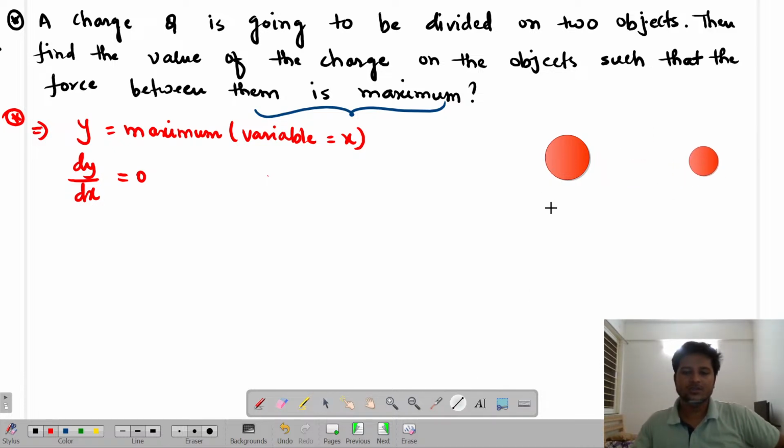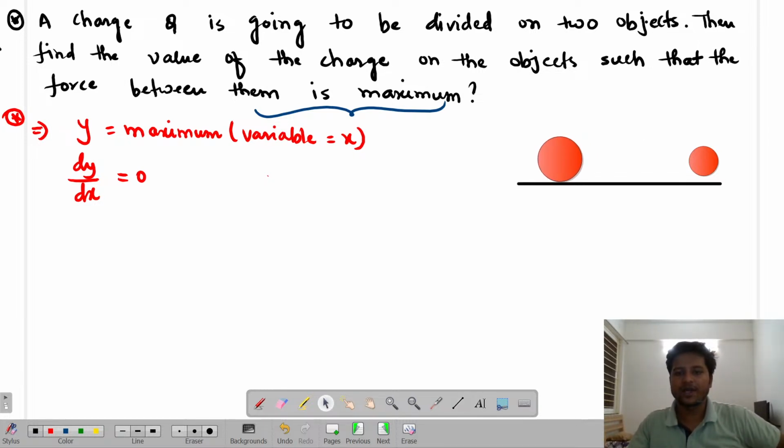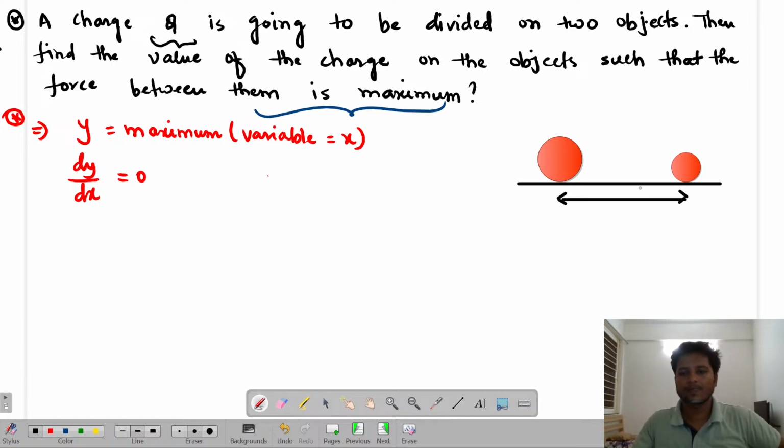What I'm doing is that I just divided this total charge q on these two objects which are kept at some distance r. Got it?